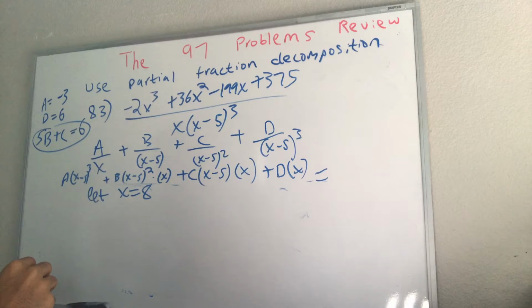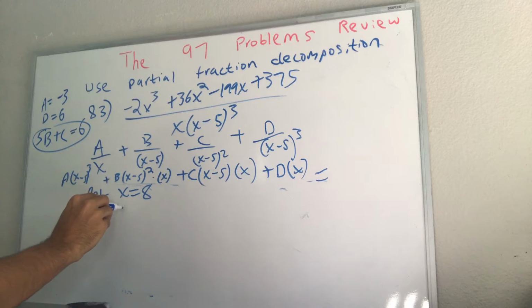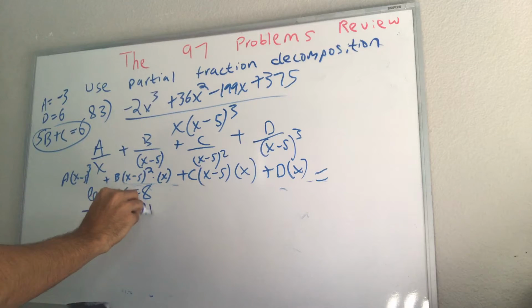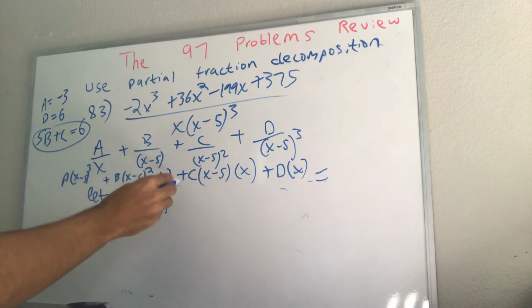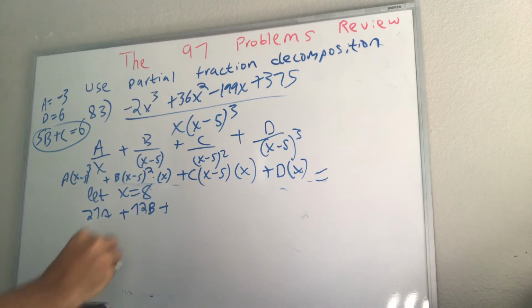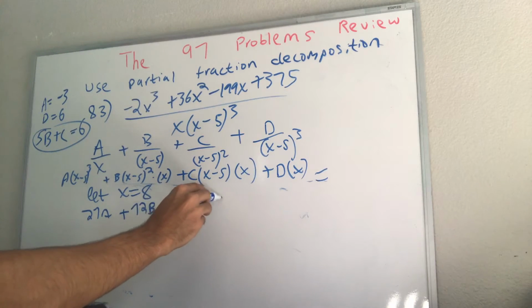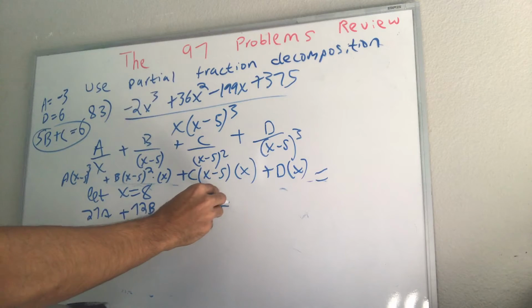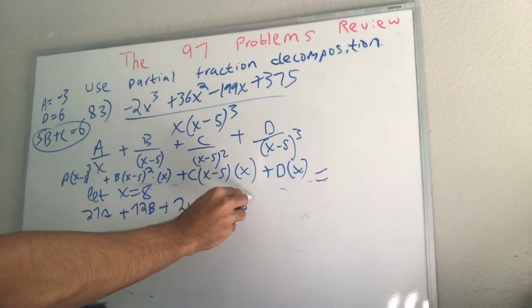So that would give us 27a plus, so it would be 3 squared, 9 times 8, so 72b, plus we would have 3 times 8, 24c, and then plus 8 times the value of d, which is 48, is equal to 63.